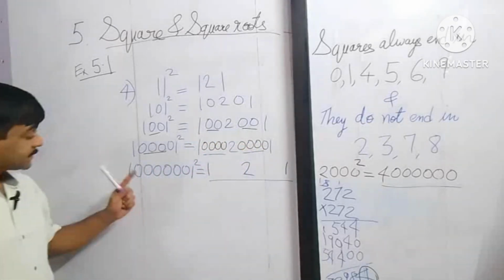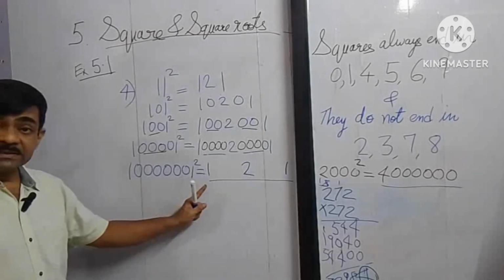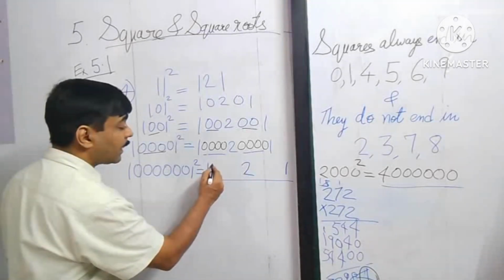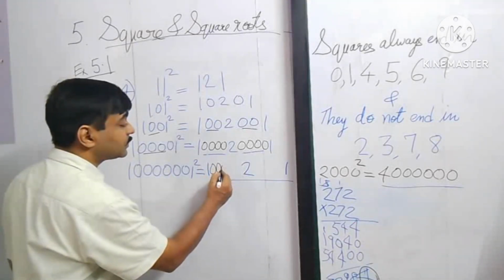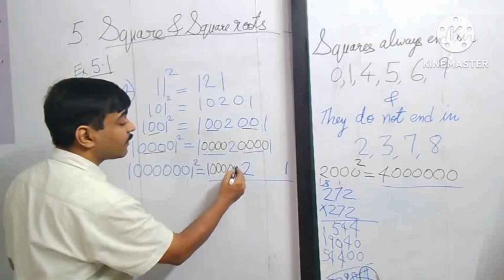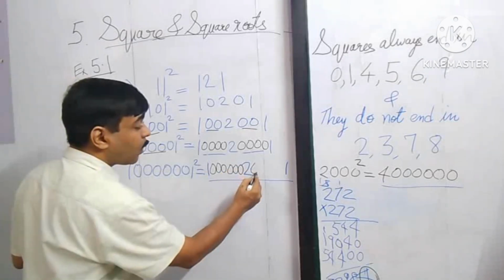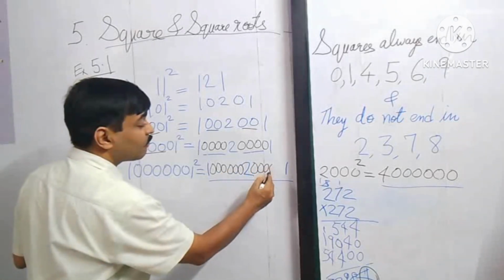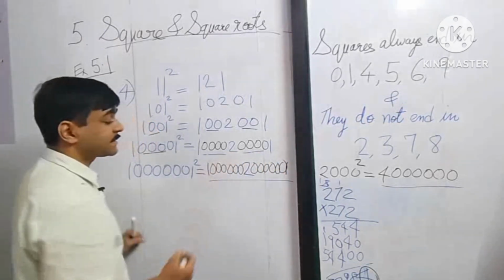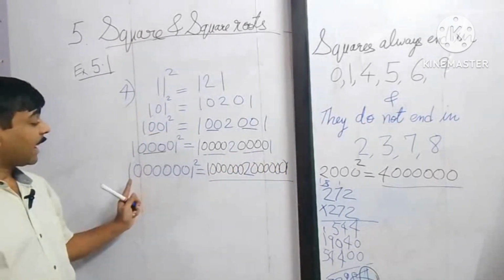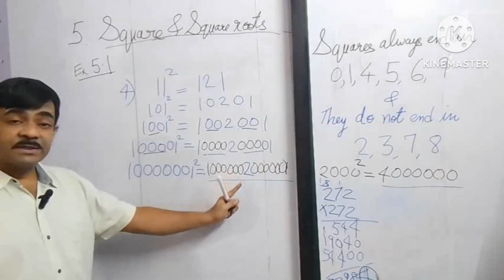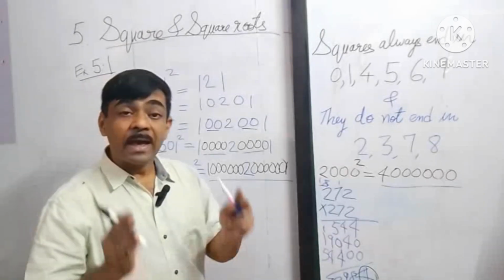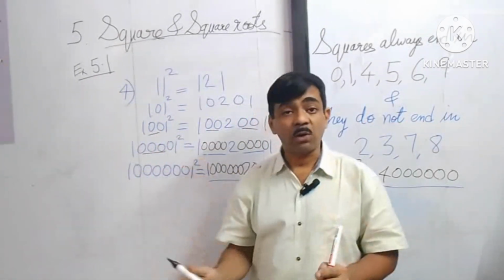Similarly, since there are 6 zeros, I will go ahead 1, 2, 3, 4, 5, 6, and I will write 6 zeros between 1 and 2 and between 2 and 1 also.